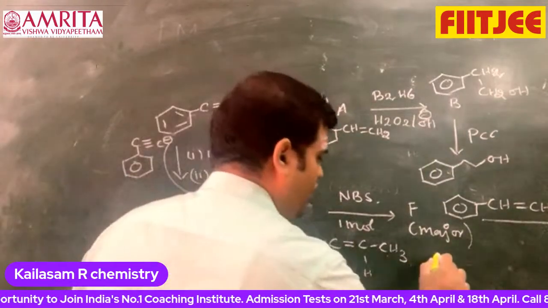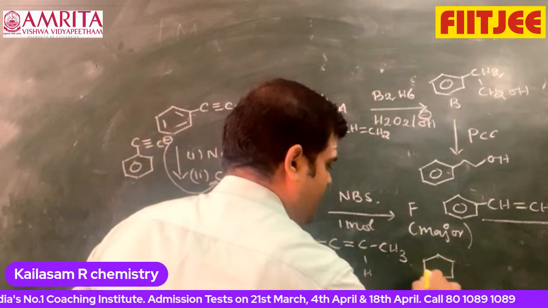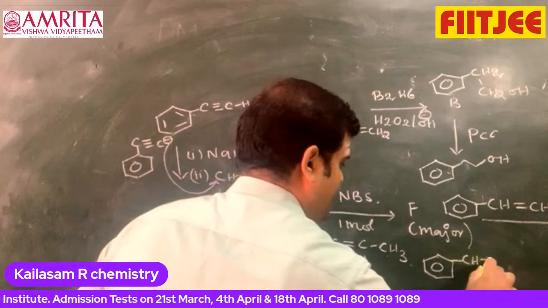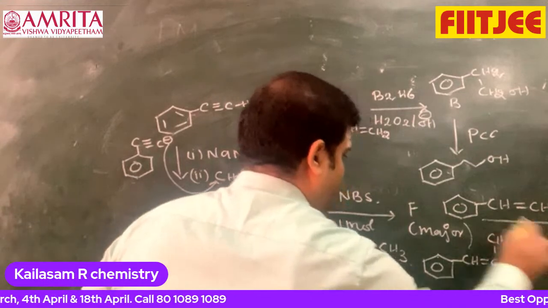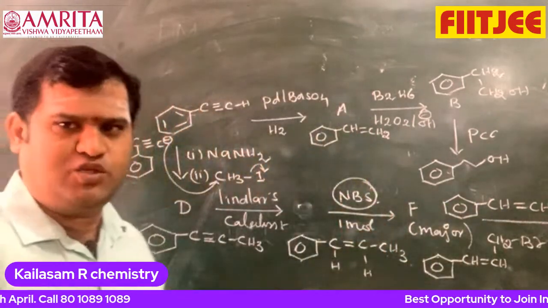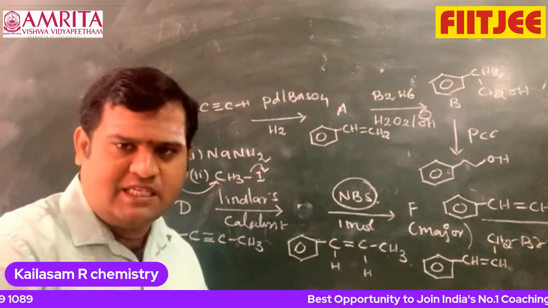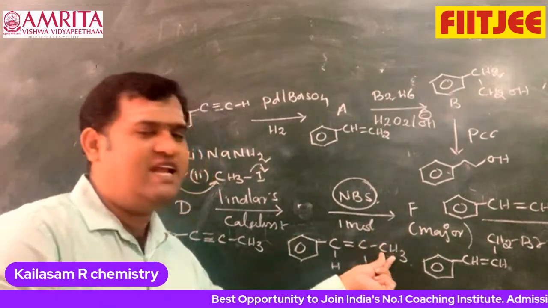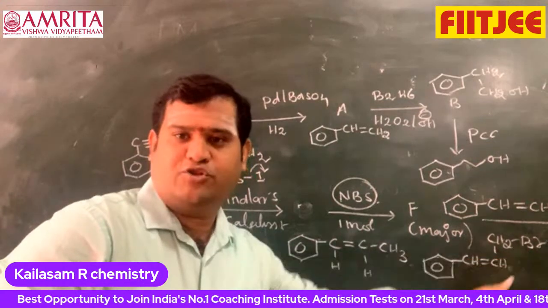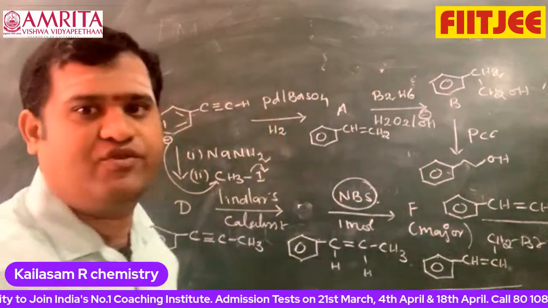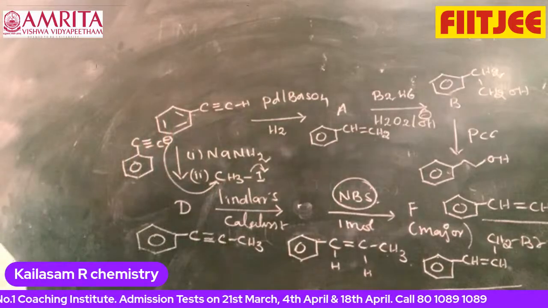So you may get the product of F, because NBS as a reagent is only for allylic and benzylic substitution. This I can say is an allylic carbon. Therefore, the Br is substituted. So this is the product of F.